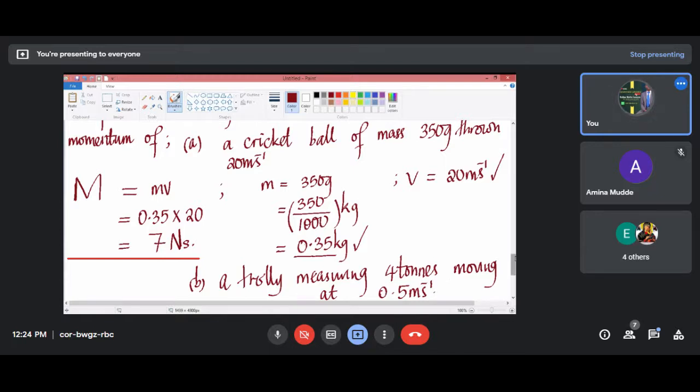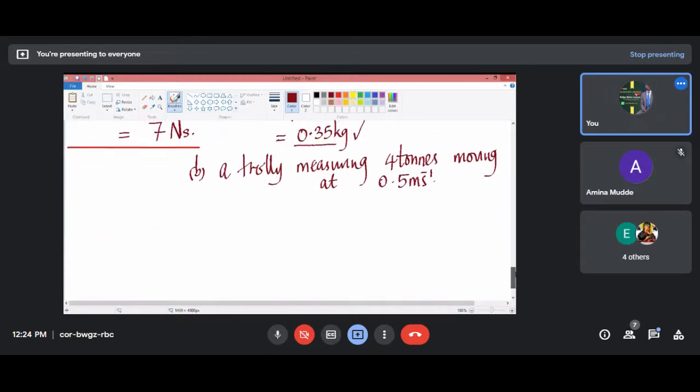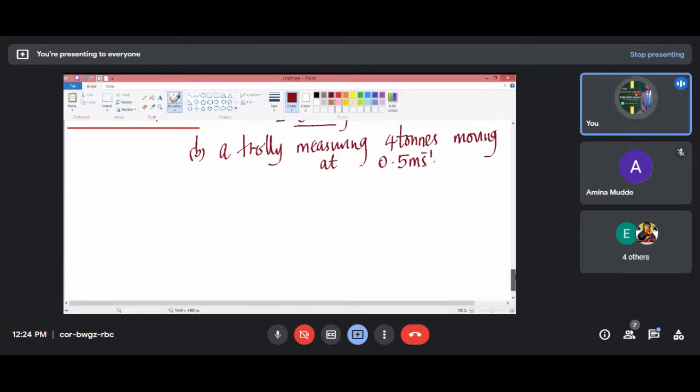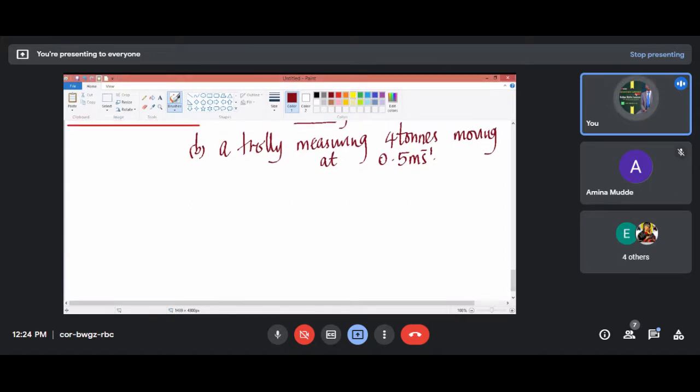What's the magnitude of momentum here? What's the magnitude of momentum in part B? Let everyone try that.